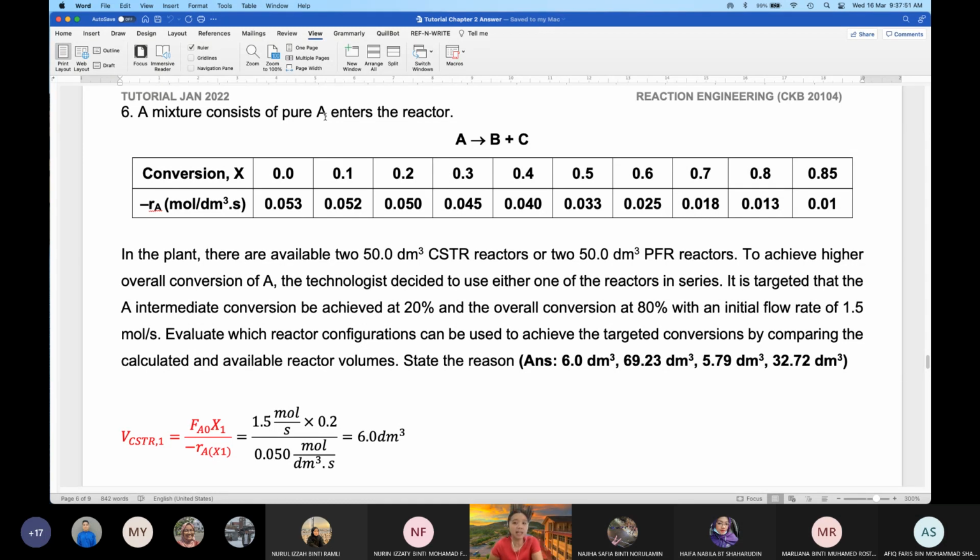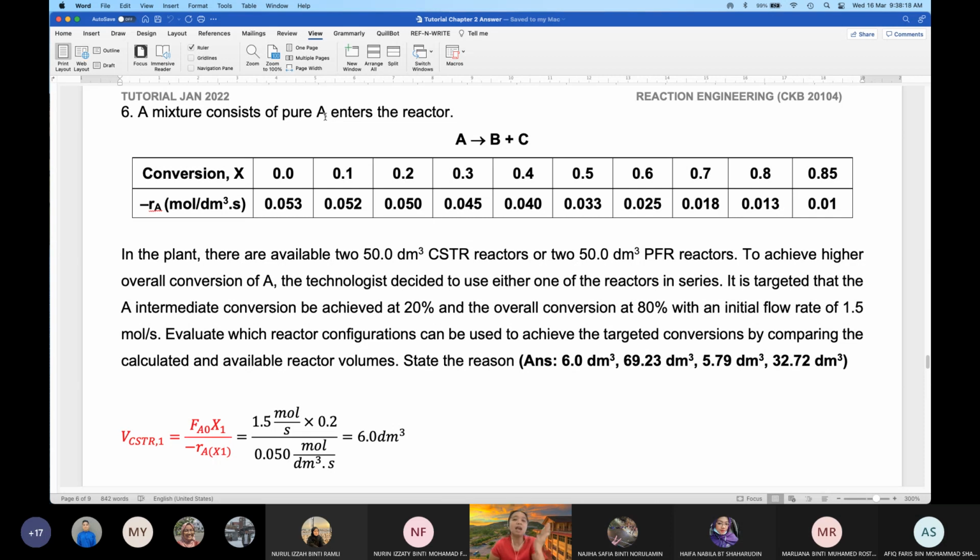That implies there is only one reactant, and the second implication is that there are no other compounds in the system initially except A. In terms of mole percent, it's 100% mole A, or in terms of fraction, YA0 is actually 1.